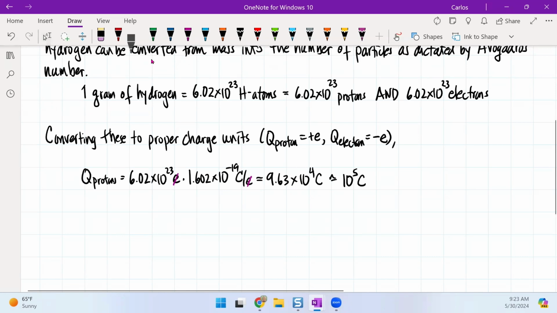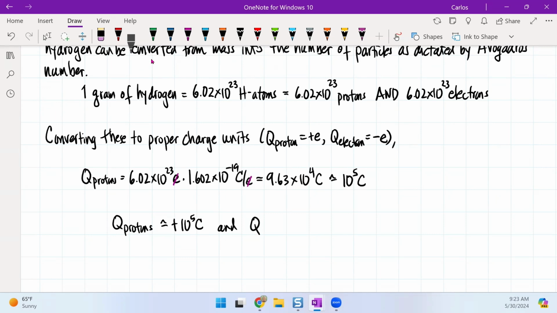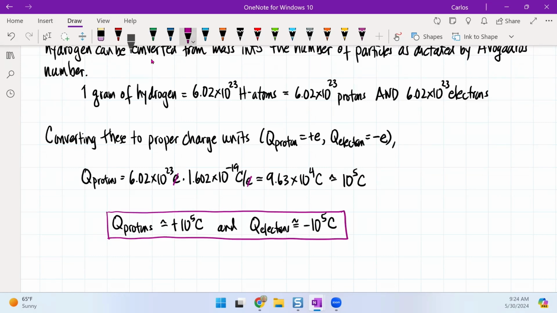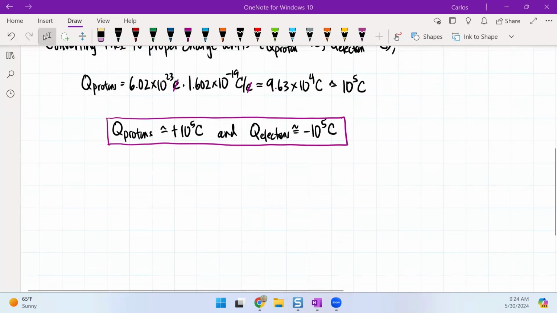In other words, the charge of all of the protons is about positive 10 to the 5 coulombs, and the charge of the electrons, because there's an equal number, is approximately minus 10 to the 5 coulombs. So now we have our charge quantities.